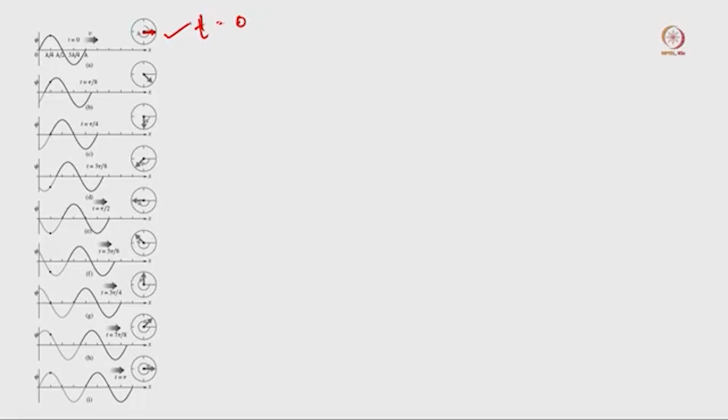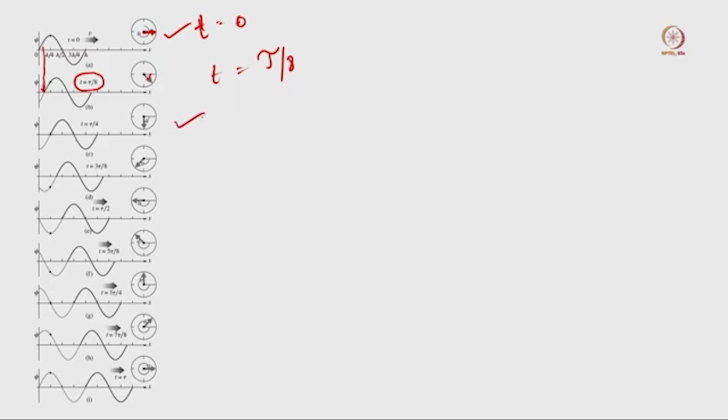Then when there is a change in time, you can see there is a 45 degree angle difference, right, and in the wave also you can see there is a difference.